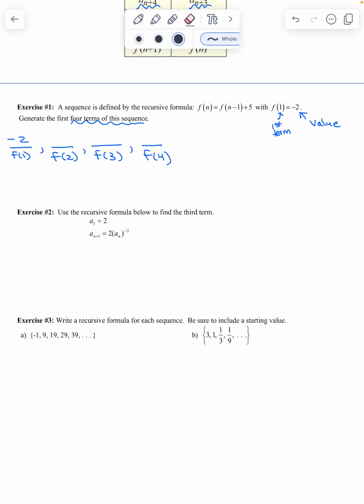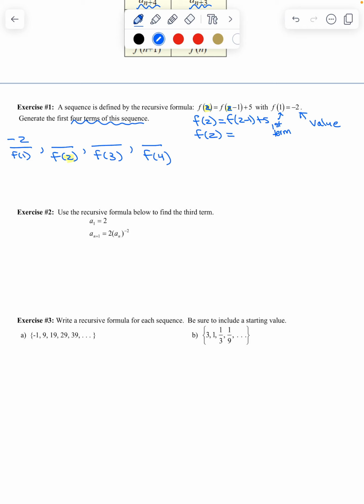So here's my formula here. So if I know the value of the first term, I can only find next the value of the second term. So that means here, I'm going to plug in a 2. So anywhere I see an n in my formula, I'm going to plug in a 2. So this is a 2, this is a 2 here. So I have f of 2 equals f of 2 minus 1 plus 5.